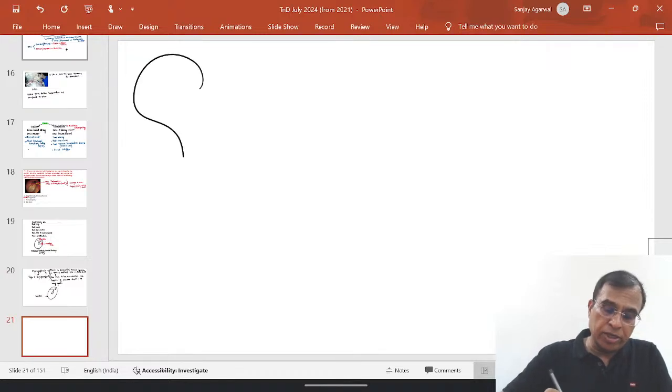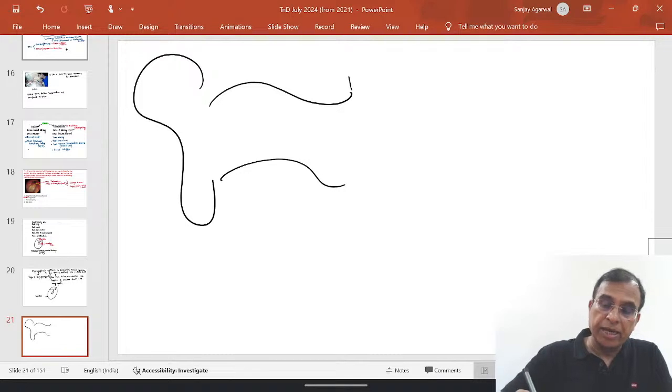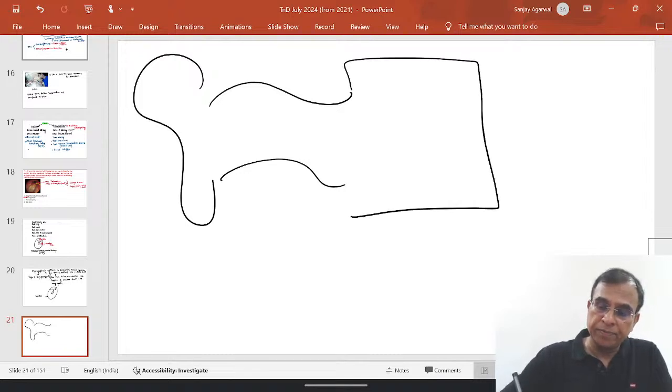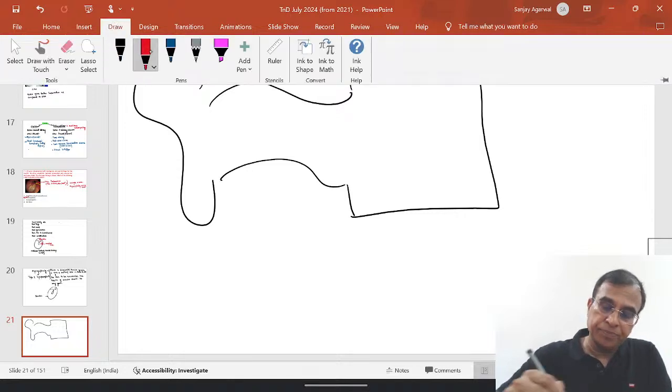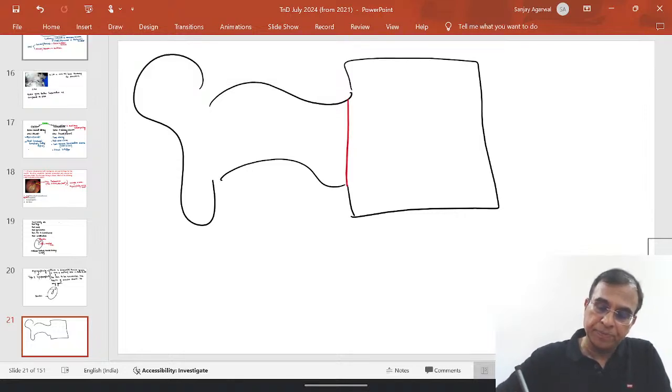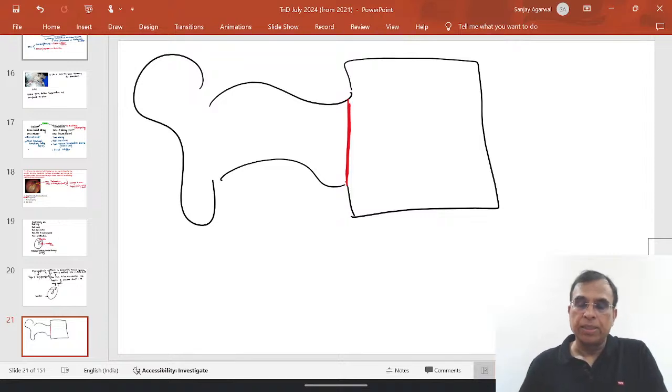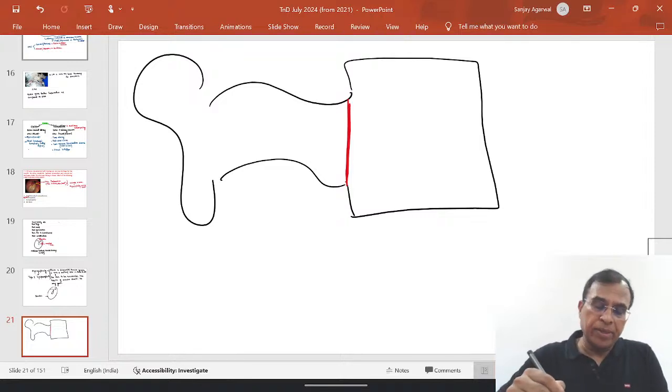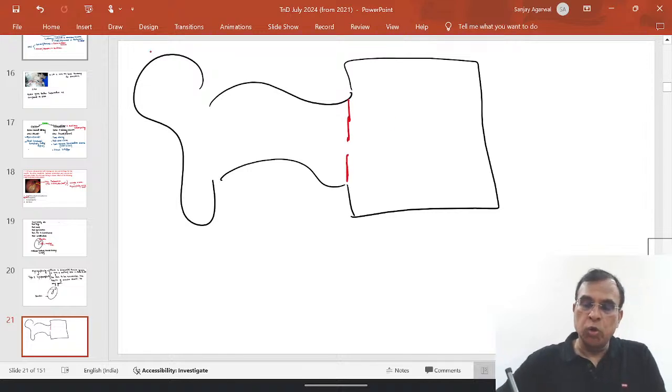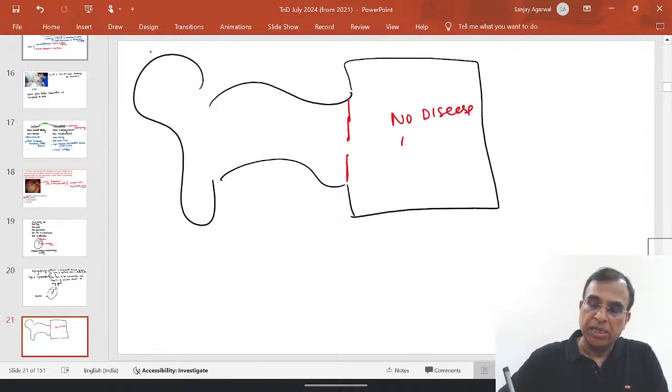So when I draw the ear and canal and middle ear, this is the middle ear, okay, and this is the tympanic membrane, and the tympanic membrane has a perforation like this, but no disease in the middle ear.